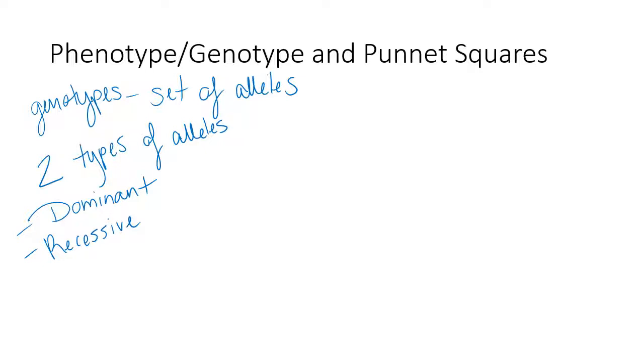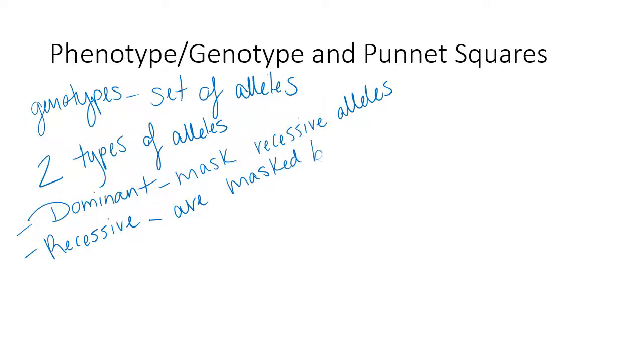alleles. Dominant alleles mask recessive alleles. Recessive alleles are masked by dominant alleles. And dominant alleles are noted by a capital letter.